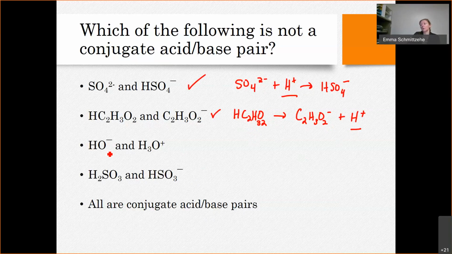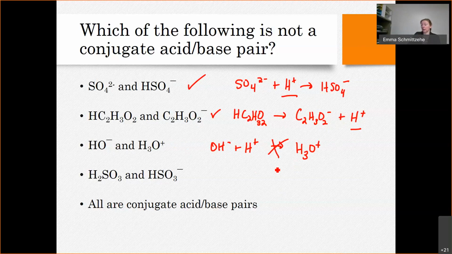But then we have this HO minus, which usually we write OH minus. I just typed that backwards, kind of. And then H3O plus. So if we think about how those two relate, well, if I added H plus to OH minus, would I get H3O plus? And the answer is no, okay?